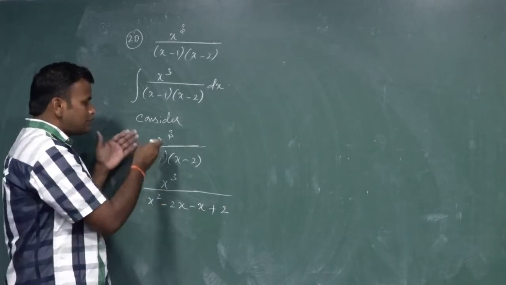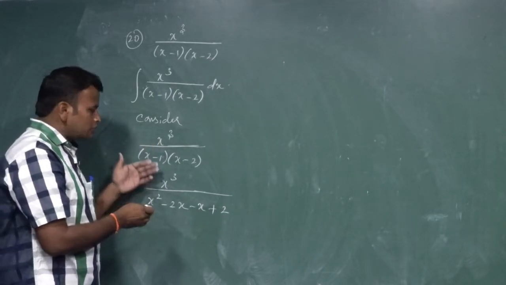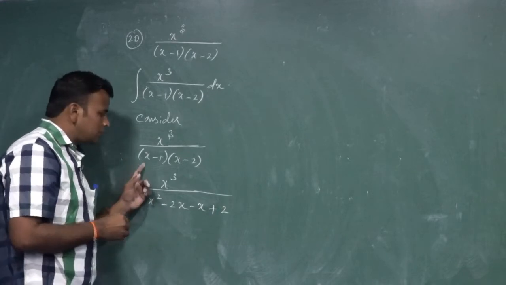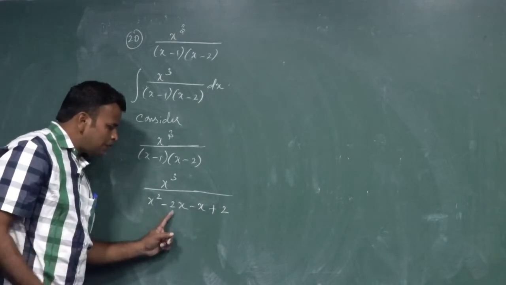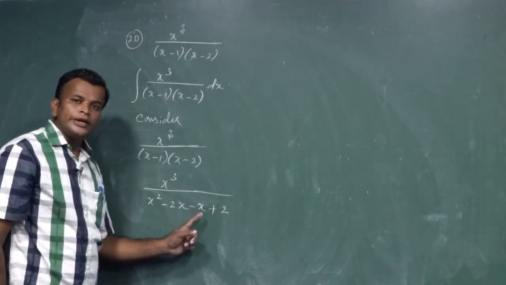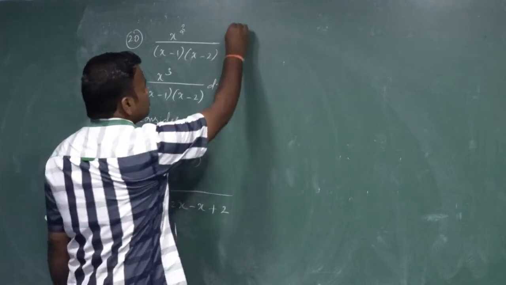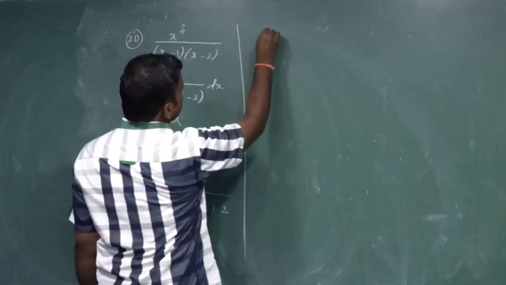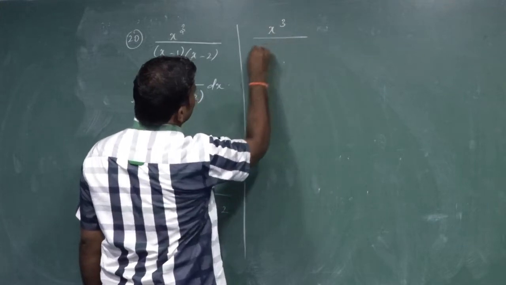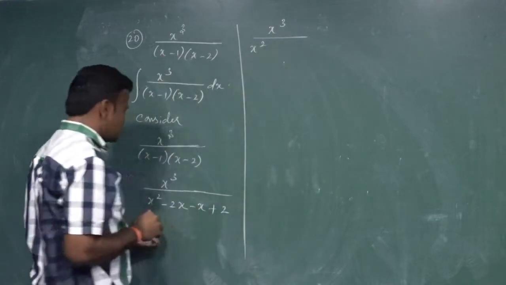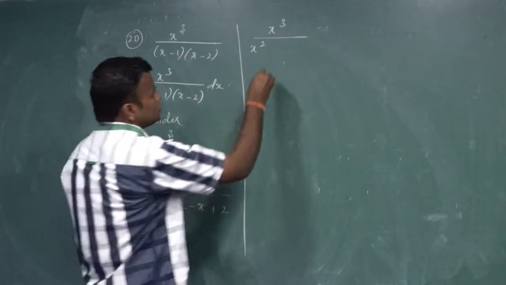Minus 2x minus x becomes minus 3x. So we have x cubed divided by x squared minus 3x plus 2.